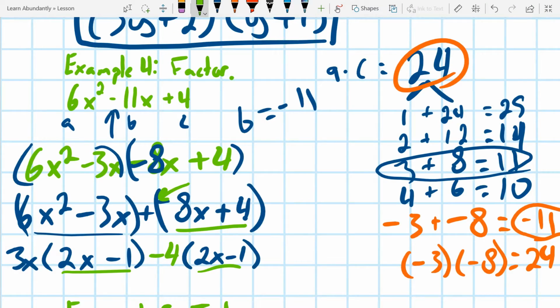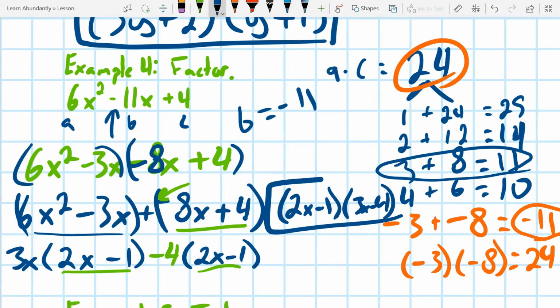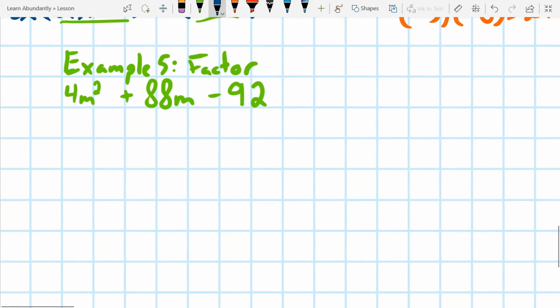We got 2x minus 1 and 2x minus 1. And we can rewrite our answer as 2x minus 1 times 3x minus 4. And that's our answer.